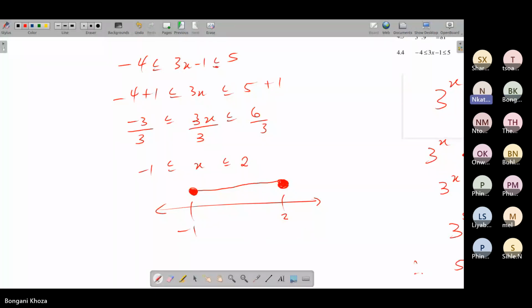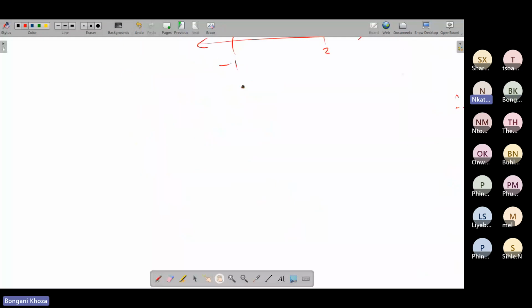So if there's a bracket like 3x minus 5 equals 2, open bracket 3x minus 1. Let me write it down. What's the question? 3x minus 5 equals 2 open bracket 3x minus 1 close bracket.